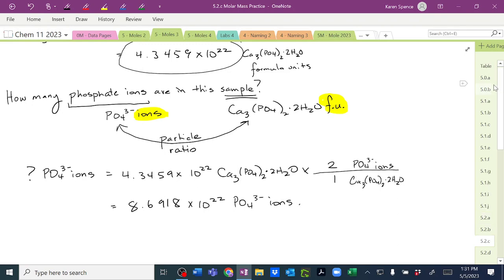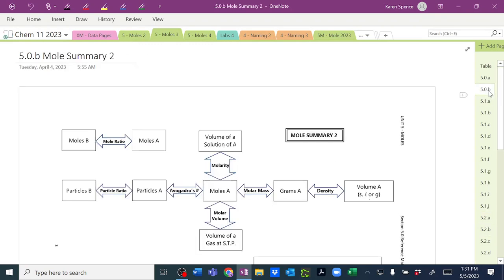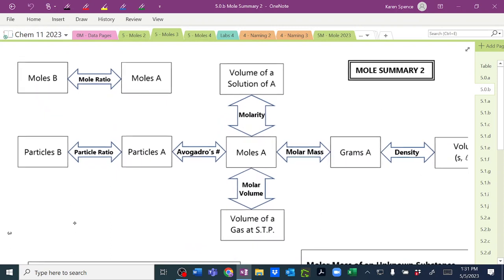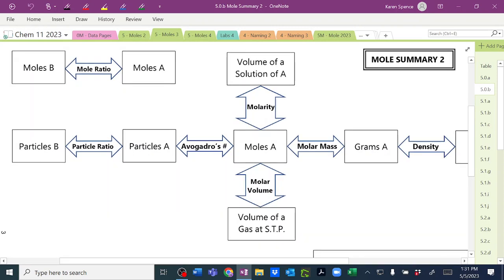So if we go back to, say, here, we started with grams of that great big formula, yes? We converted it into moles of that great big formula.